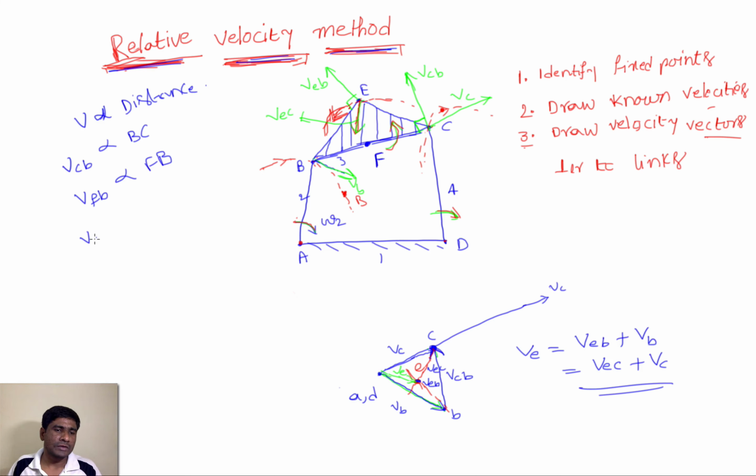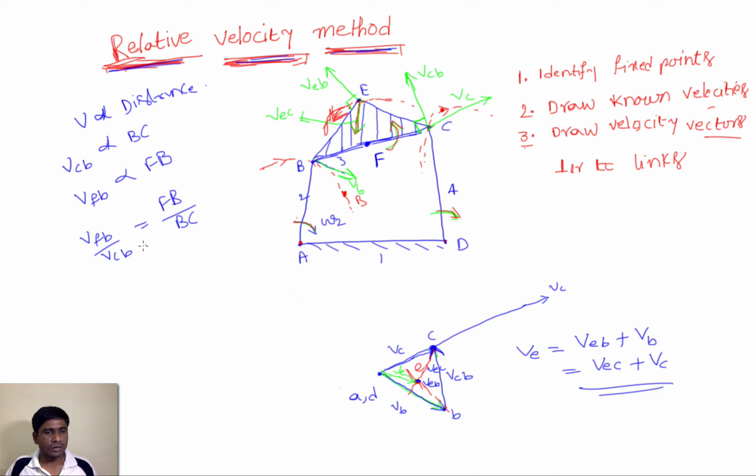So that means velocity of the FB by velocity of the CB equal to FB by BC, because these both are in the same link. That means here proportional. Why have we written proportional? If you remove the proportional, then I need to put here angular velocity of the link 3. So instead of putting angular velocity of the link 3, I have written proportional.